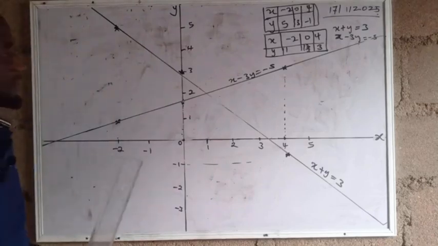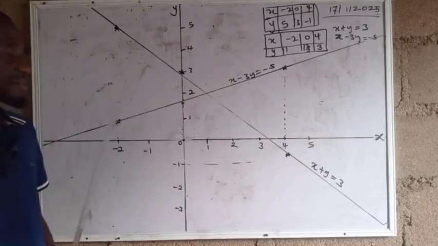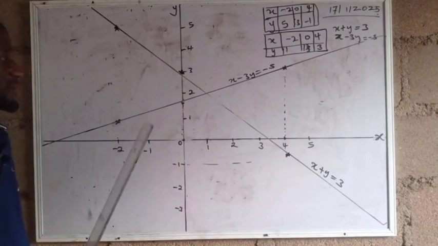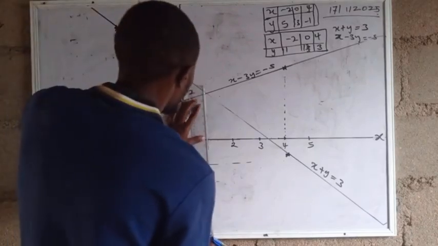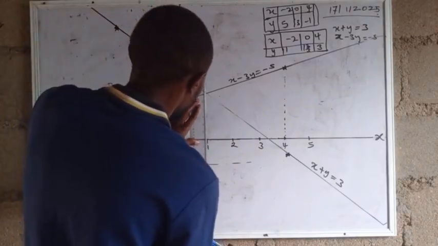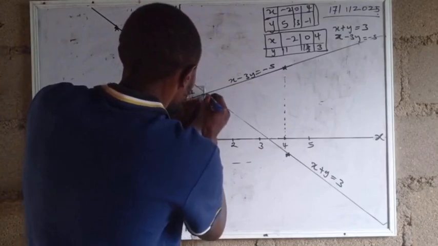Then, since we are solving the graph simultaneously, we have to know our meeting point. Our coordinate point is somewhere where they meet.